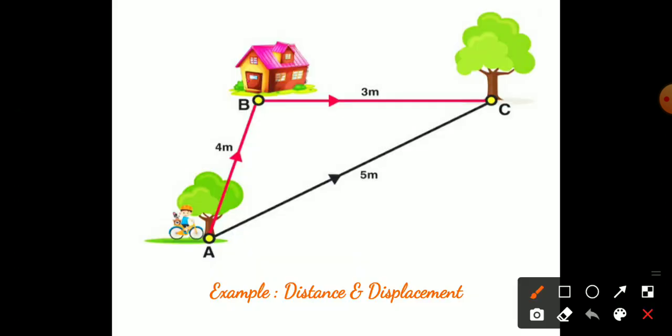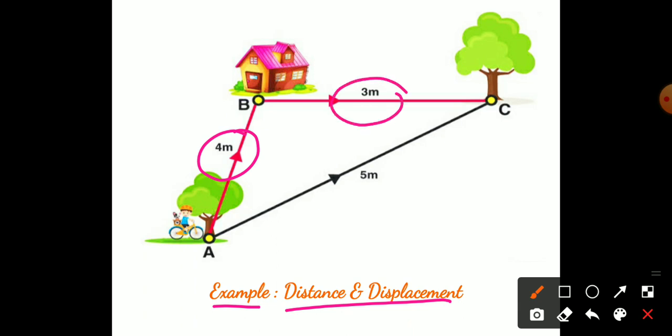Now next, example related to distance and displacement. Suppose there are 3 points, point A, point B and point C. Suppose there is a child who wants to go from point A to point C via point B. The distance between point A and B is 4 meter, the distance between point B and C is 3 meter, and the distance between point A and C is 5 meter.